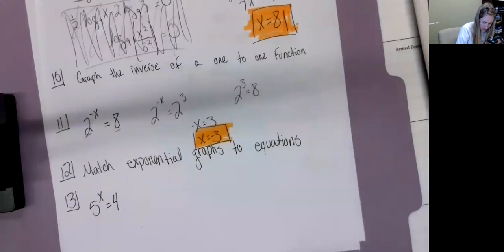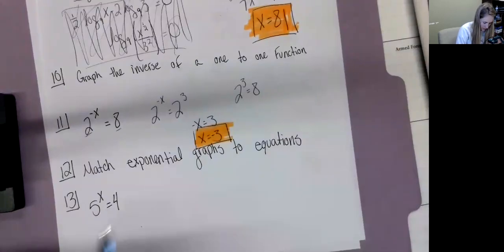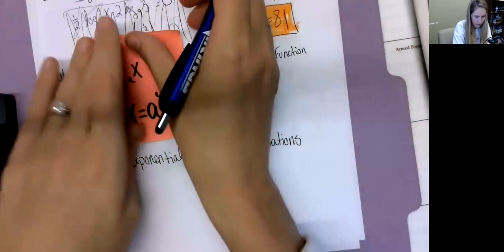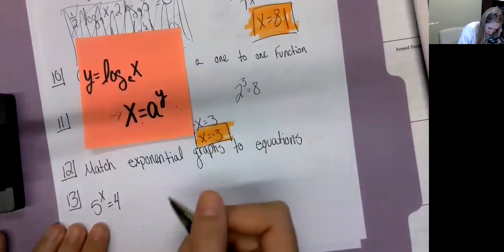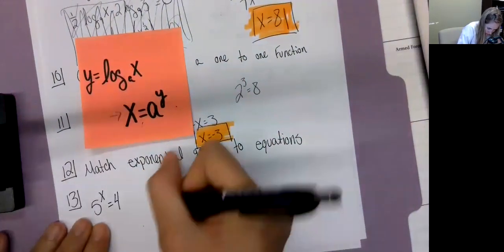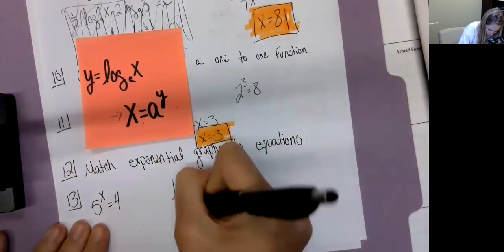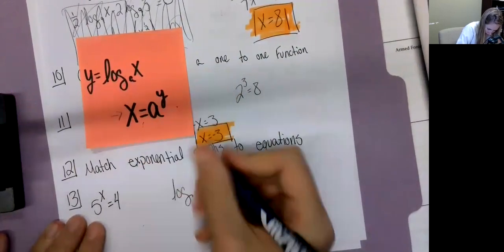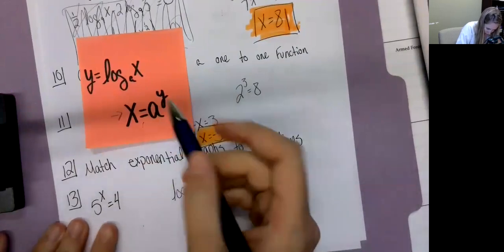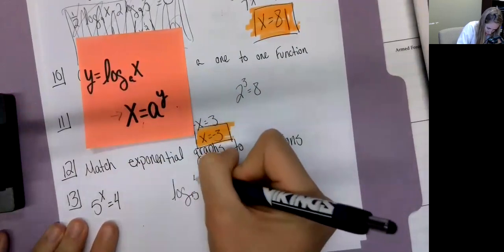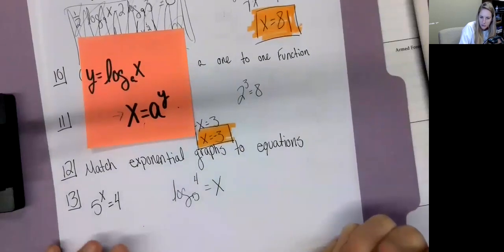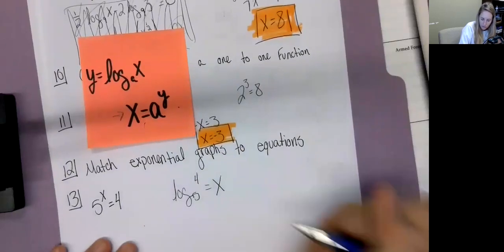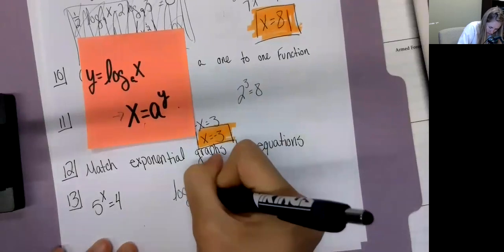Five to the x power equals 4. I can't do that. They don't have the same bases, so I'm going to use this to be able to find it. So I'm going to have log, my a is 5, my y is 4 equals x, and I'm going to check and see if that works in a calculator.